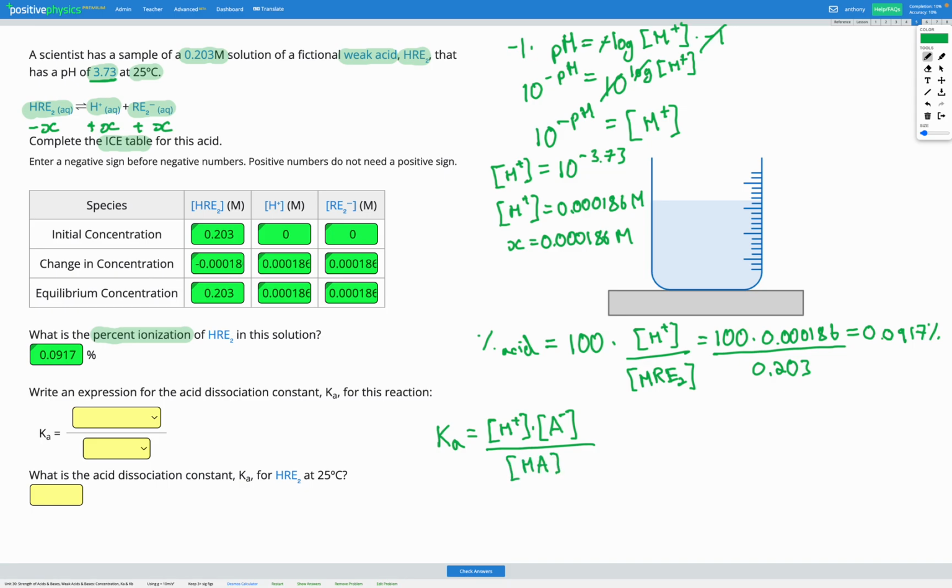And remember, HA represents a general acid, and A- would represent the conjugate base of that acid. So we can fill in with the actual acid we have in our question and the actual conjugate base. So instead of A-, we'll have our conjugate base, which is RE2-. And instead of HA, we'll have our acid, which was HRE2.